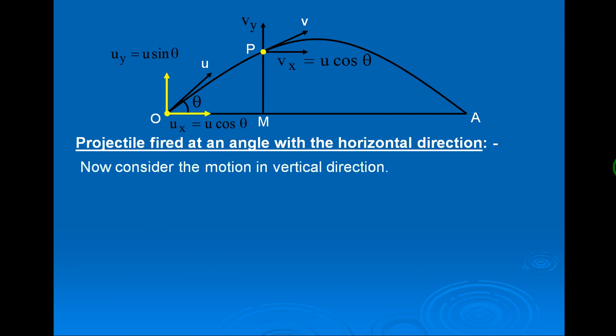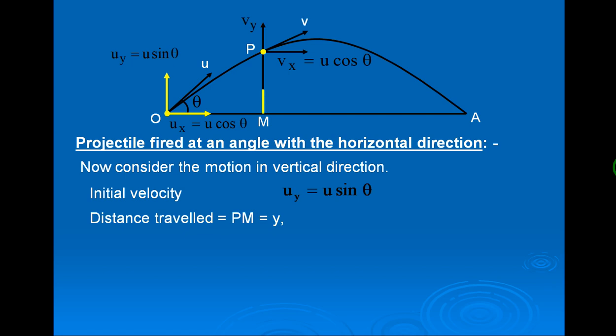Now consider the motion in the vertical direction. Initial velocity uy is equal to u sin theta. Distance traveled Pm is equal to y. Therefore, s is equal to y.